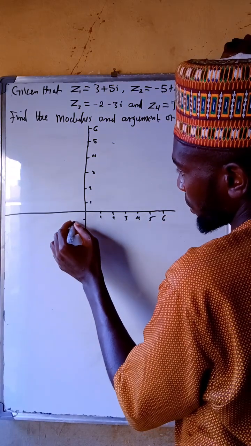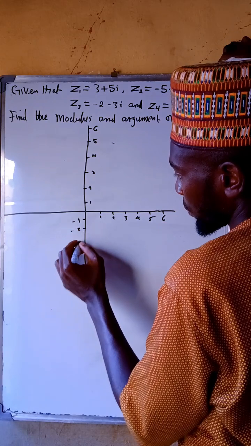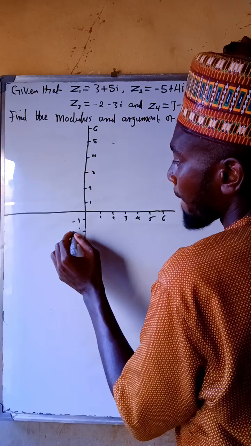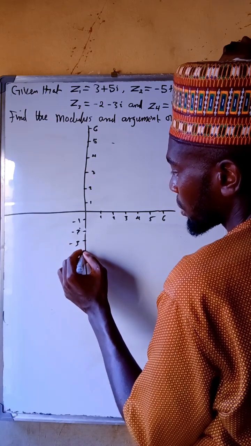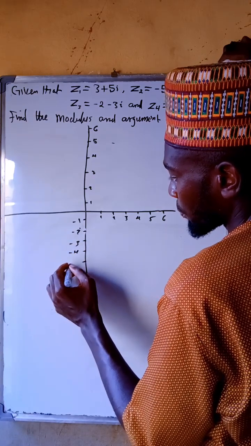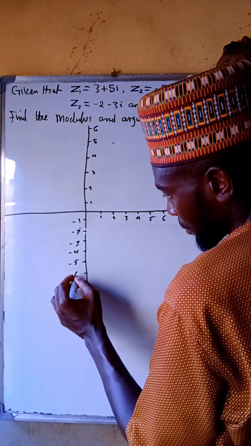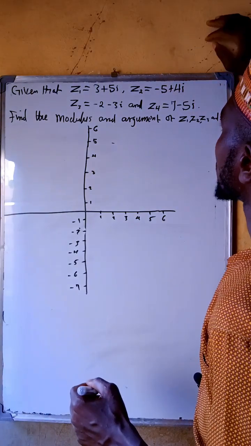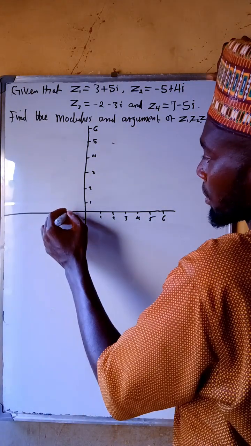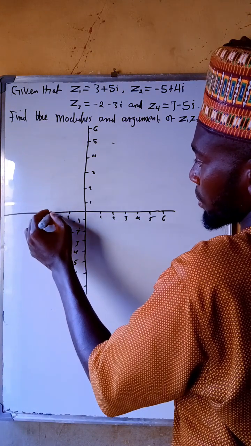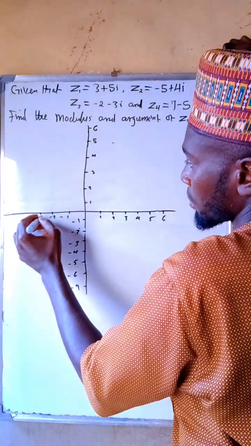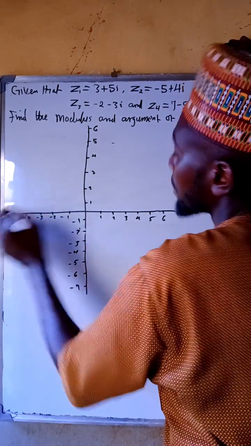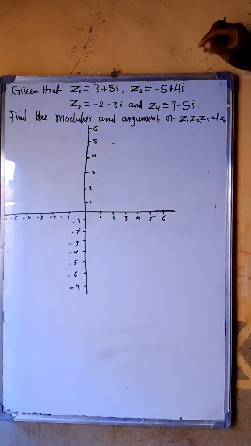Our negative imaginary part we have minus 1, minus 2, minus 3, minus 4, minus 5, minus 6, minus 7, because we have a minus 7 somewhere. Then our negative real part we have minus 1, minus 2, minus 3, minus 4, minus 5, minus 6. Okay, let's start from z1.